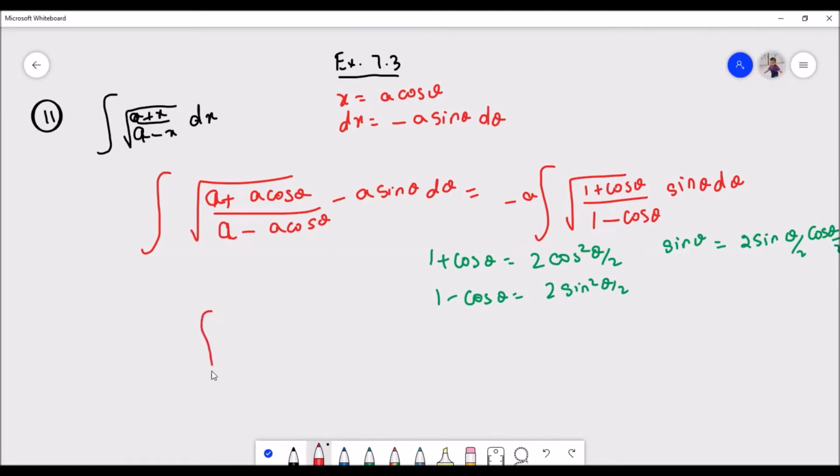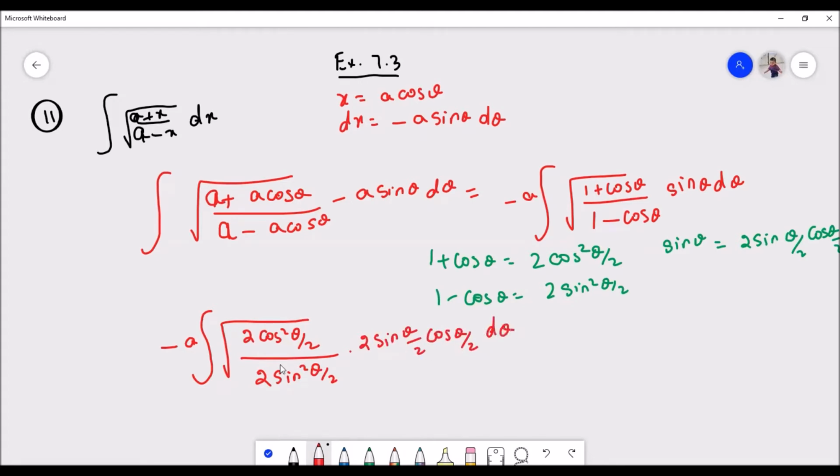So this will change into minus a integration of root over 2 cos square theta by 2 divided by 2 sin square theta by 2, then sin theta as 2 sin theta by 2 into cos theta by 2 d theta. Now the 2 gets cancelled.